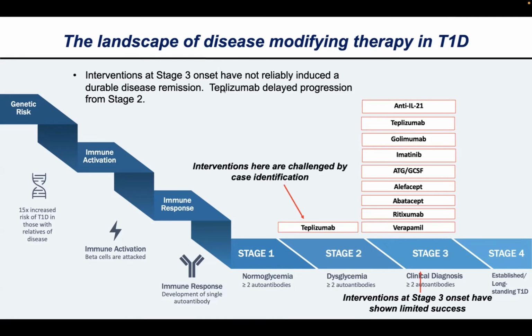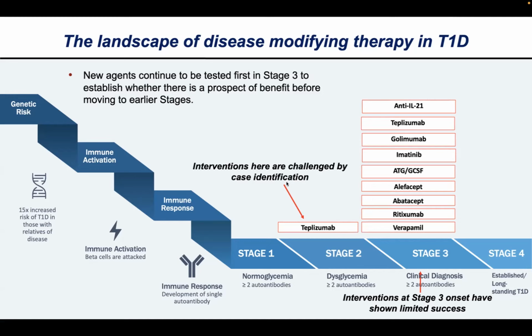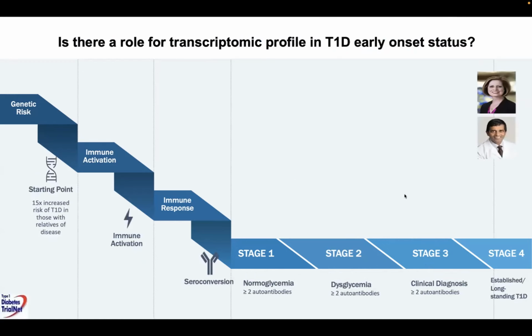However, intervention at stage 2 is still challenging because of case identification. So most new agents are still tested first in stage 3 to establish whether there's a benefit before moving to the early stage. So we are very interested in stage 3, which is the early onset of T1D.